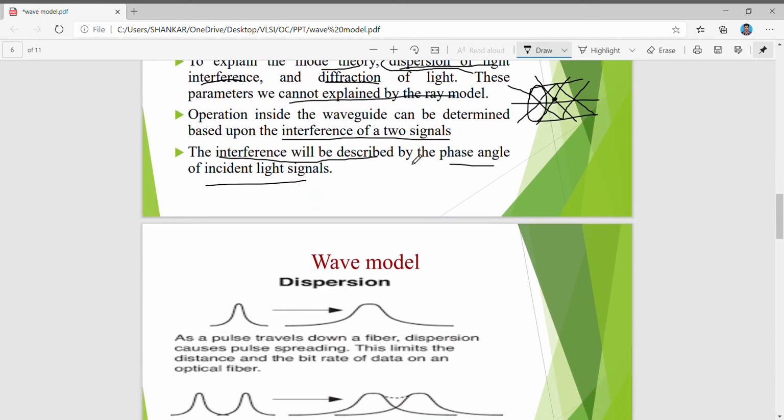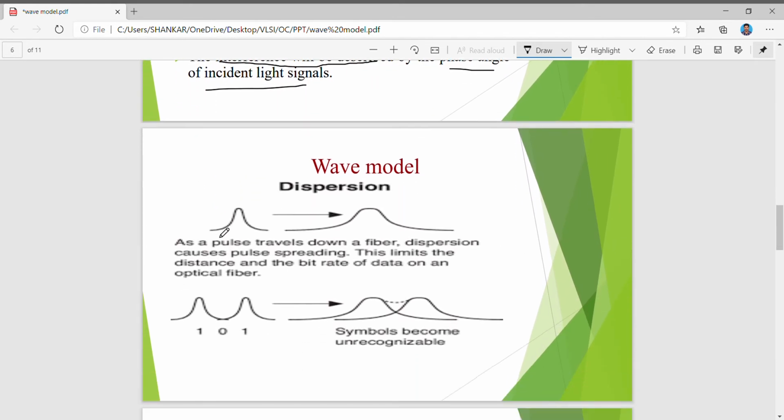Generally dispersion means, suppose you are applying the signal in this format. As a pulse travels down a fiber, the dispersion causes the pulse to spread.